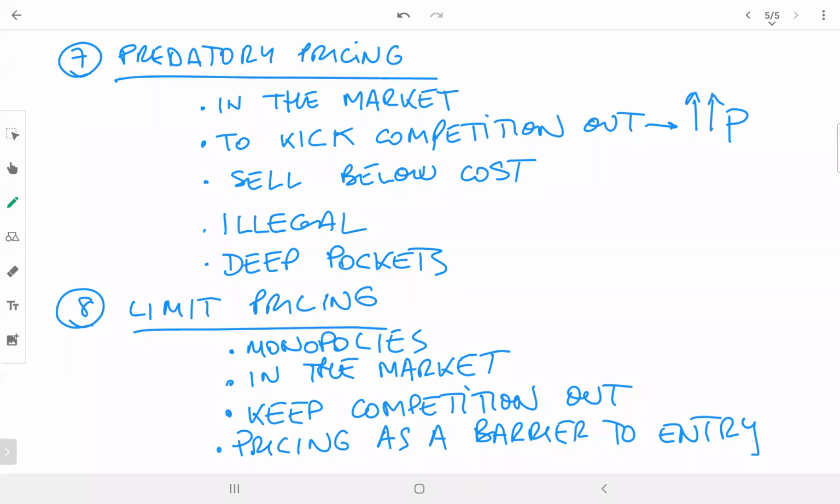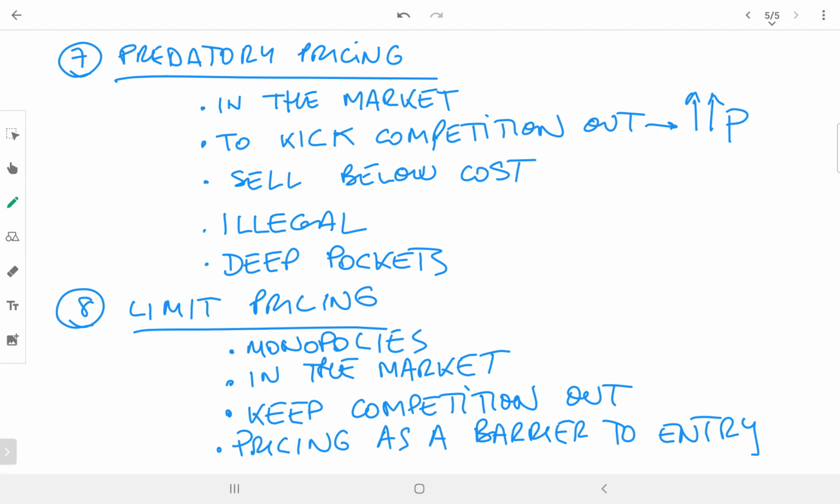So how does this work? This is a company that is alone in the market, and if you're making a killing, that's going to attract other competitors. So what monopolies do in this case is, let's make money, but let's not make as much as we could, so we don't attract competitors.